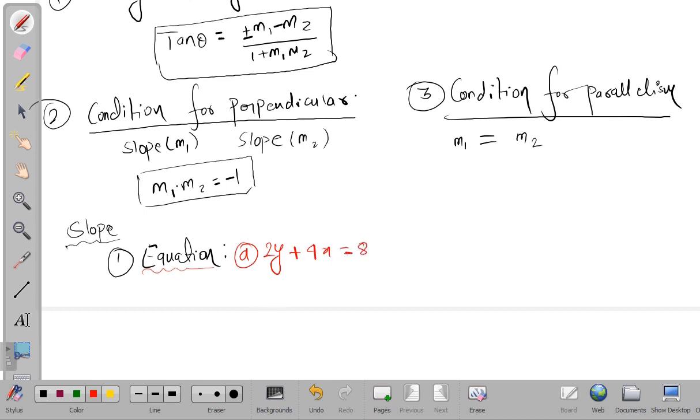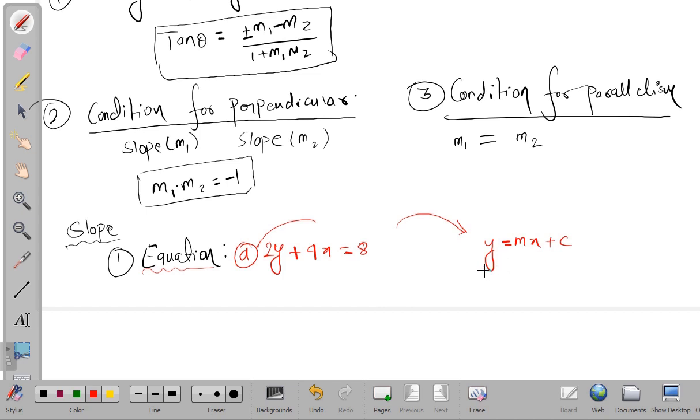Okay, I have one method that you learned in class 9, that is slope intercept form, y equals mx plus c. So what I'm going to do here is convert this equation into this format, so that I can easily make a comparison between these two equations.